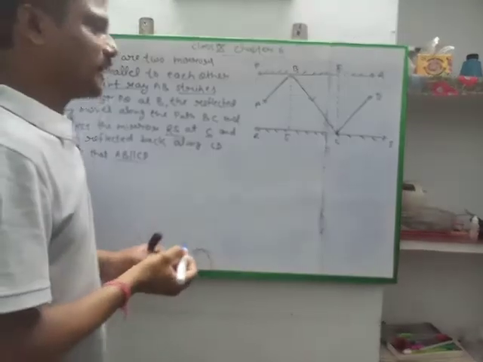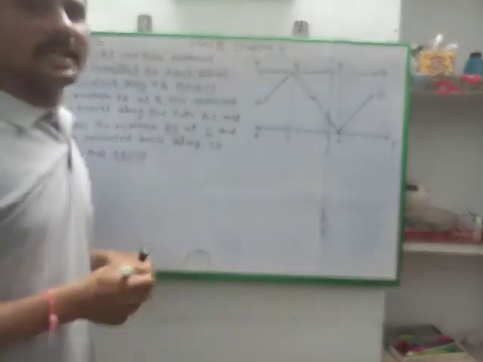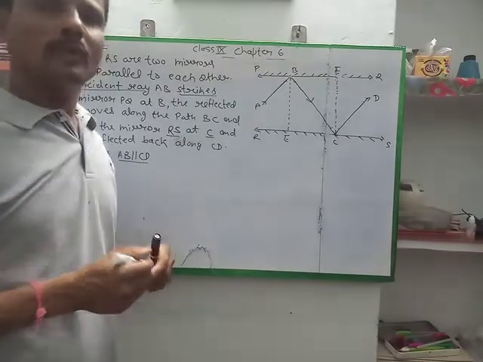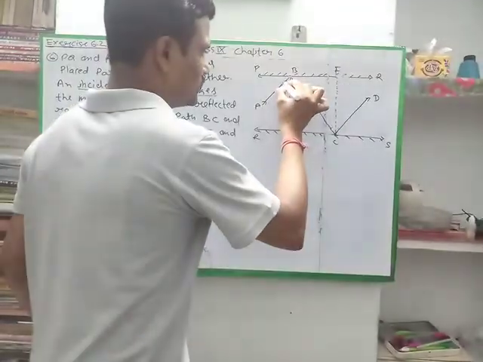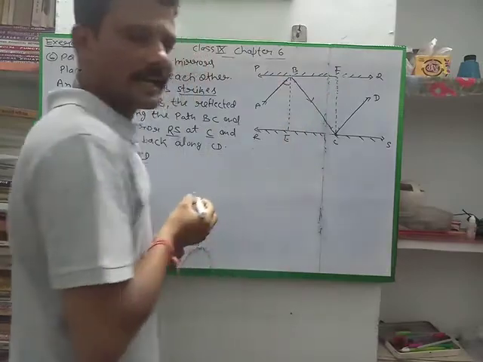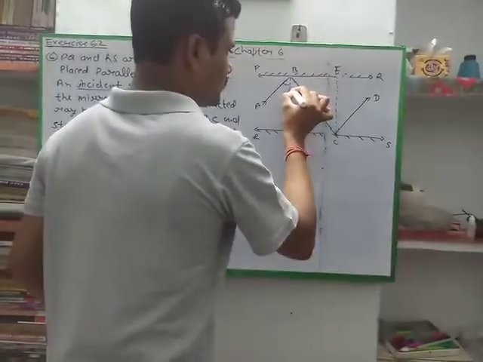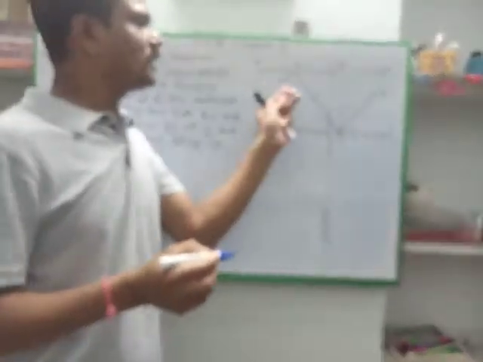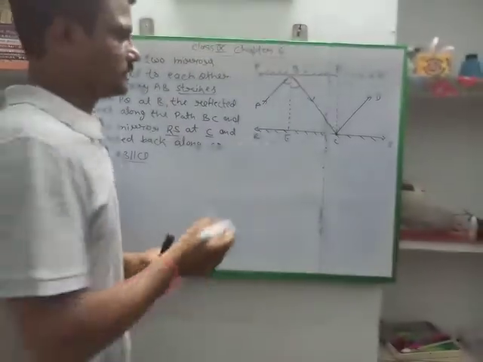Now we know that by the law of reflection, the incident angle is equal to the reflected angle. This is the incident angle and this is the reflected angle. These angles are equal by the law of reflection.